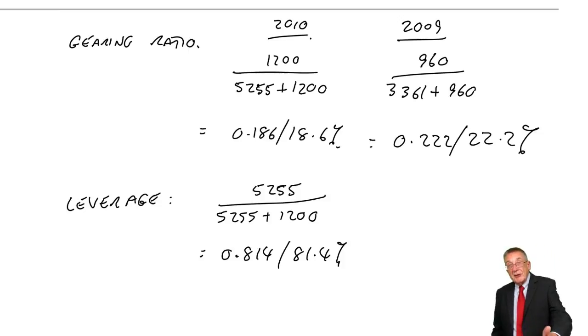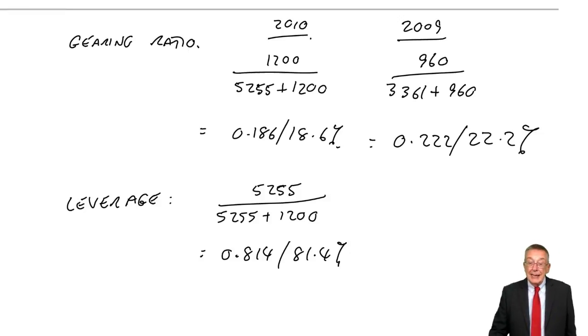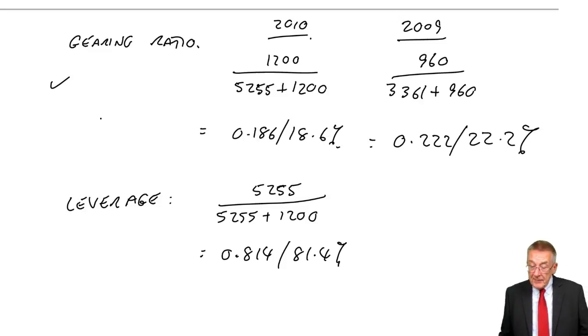And if you think, the gearing ratio and leverage add up to 100%. One's looking at the proportion of debt, the other at the proportion of equity. It's the gearing ratio that's more common, but otherwise it's effectively the same idea.